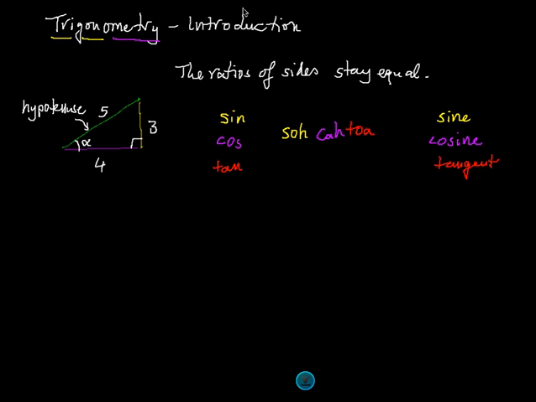These are basically the names of 3 particular ratios I can create in this triangle. For example, if I focus on this angle here, I can divide that side by that side. Now I will call this yellow side the opposite side.